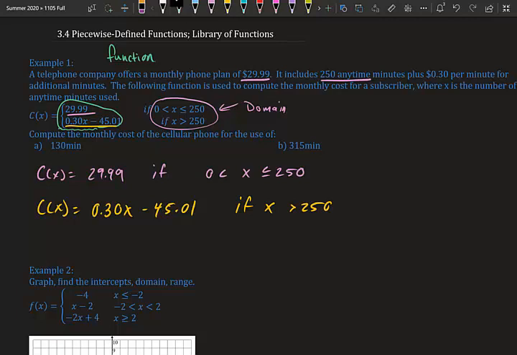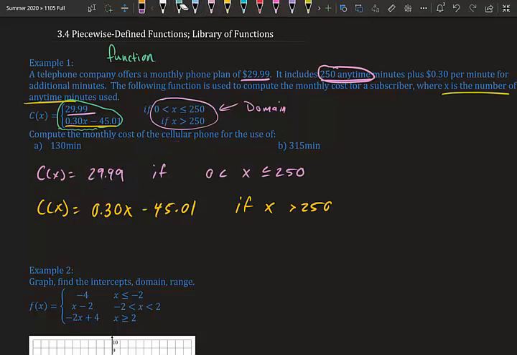So see how it says the base plan is $29.99, only if it includes 250 anytime minutes, and anytime minutes represents x, because it tells me x represents the anytime minutes. So that means x for anytime minutes needs to be between 0 and 250, and it costs you $29.99 for that plan.